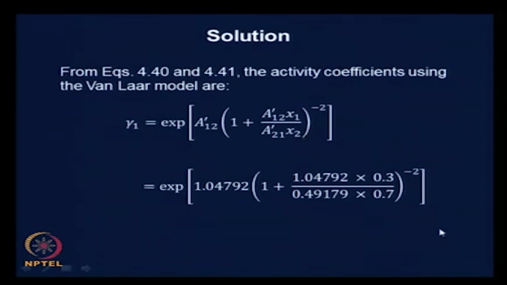If you do the calculations, you should get 1.331. So this is gamma 1 for isopropanol in this particular binary system.